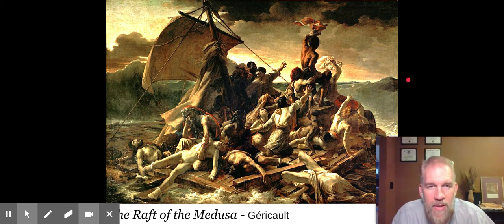And these figures, we are guessing, are desperate to get the attention of that ship off in the distance, and we think, hoping for a rescue. So that's our interpretation, or an interpretation, of what's going on here.